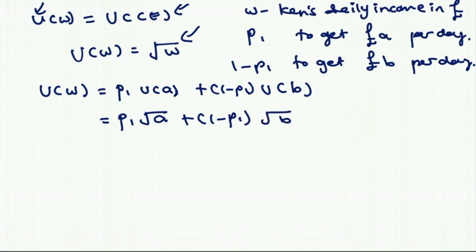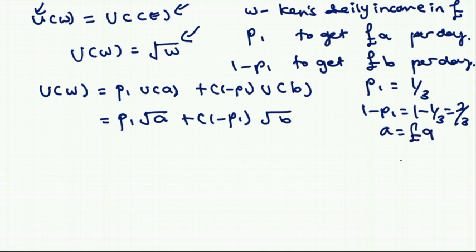So let's put in numbers so that you can see clearly what all of this means. Let's say P1 is 1/3, therefore 1 minus P1 is 1 minus 1/3, which is 2/3. Also, let's say A is equivalent to 9 pounds and B is equivalent to 81 pounds.